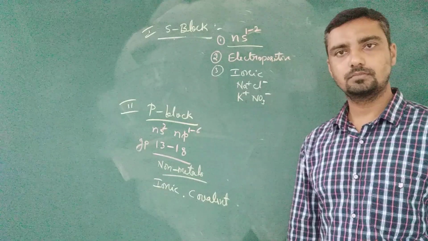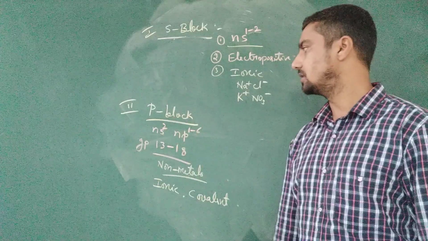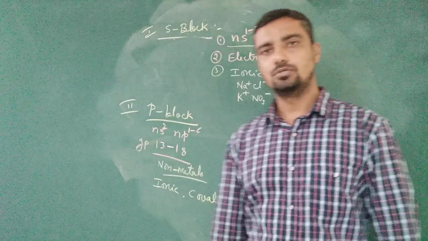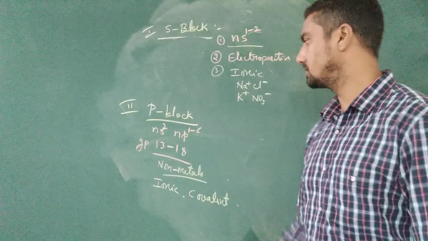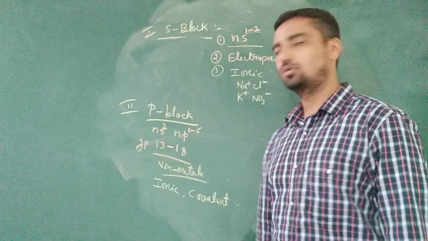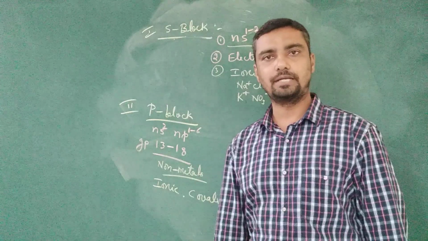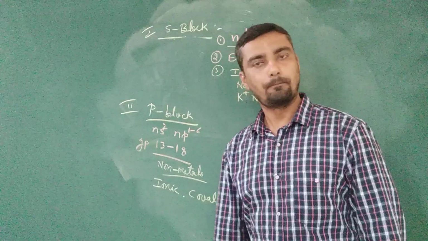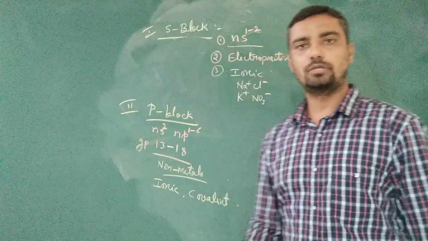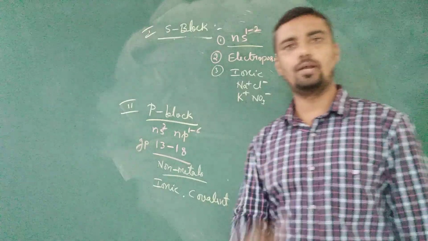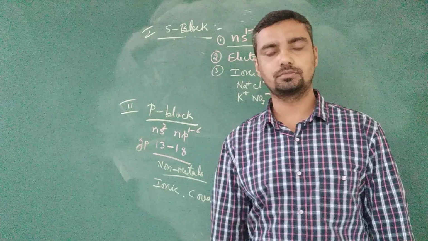Understood? So this is about the P block elements. The general electronic configuration of the P block is ns2 np1 to 6, the groups are 13 to 18, and they form ionic bonds as well as covalent compounds.